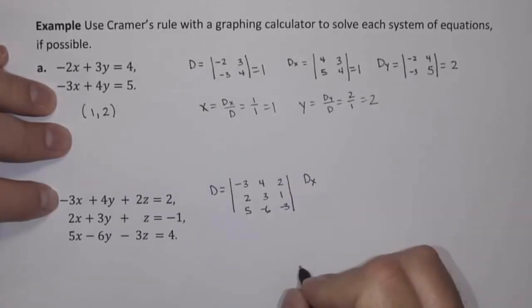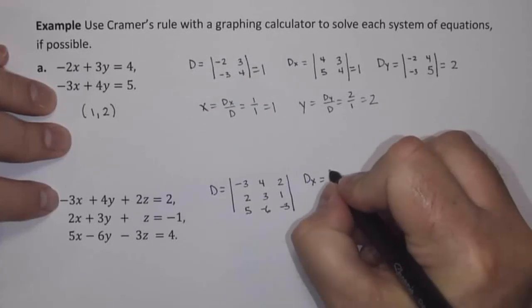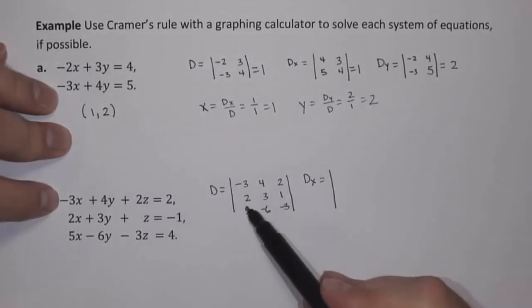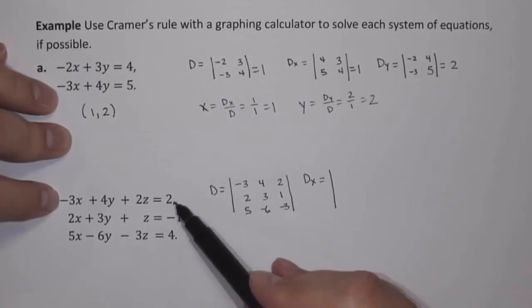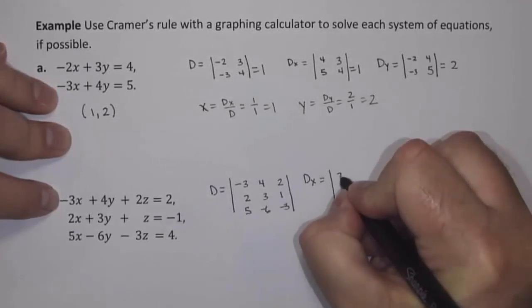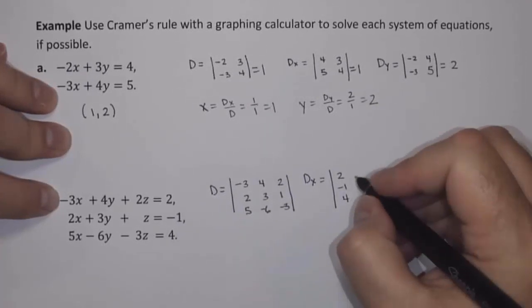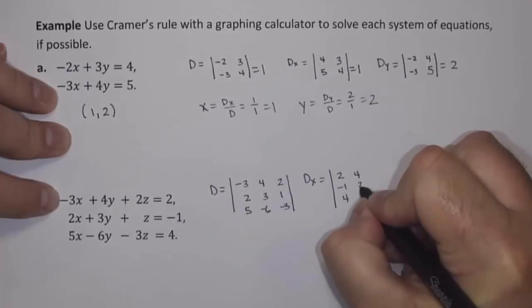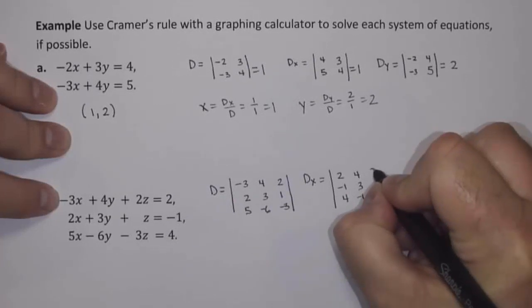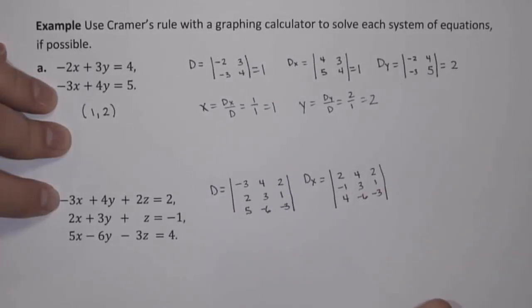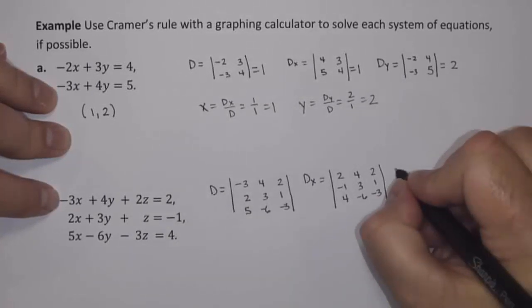The determinant dx is going to be the same determinant, except we're going to replace the coefficients of x with the constants. So I'm going to have 2, -1, 4 down the x column, and then I'm still going to have the 4, 3, -6, the 2, 1, -3, and we'll evaluate that in just a minute.